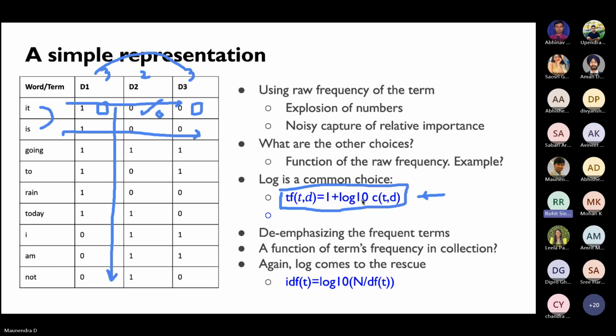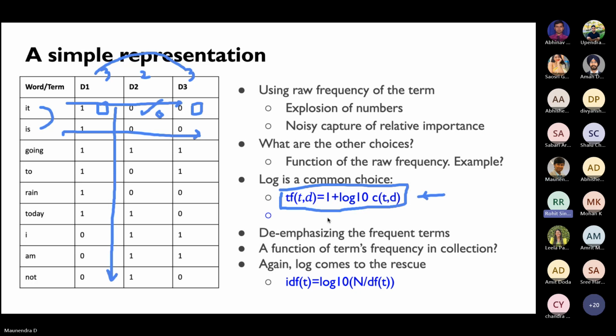Sir, there will be a problem with this function if C(t,d) is 0, because log10 of 0 is undefined. So wouldn't it be better if we define it as log10 of 1 plus C(t,d)? Right, so even that function is explored. That's a good suggestion. People have used that also. That's a valid choice.